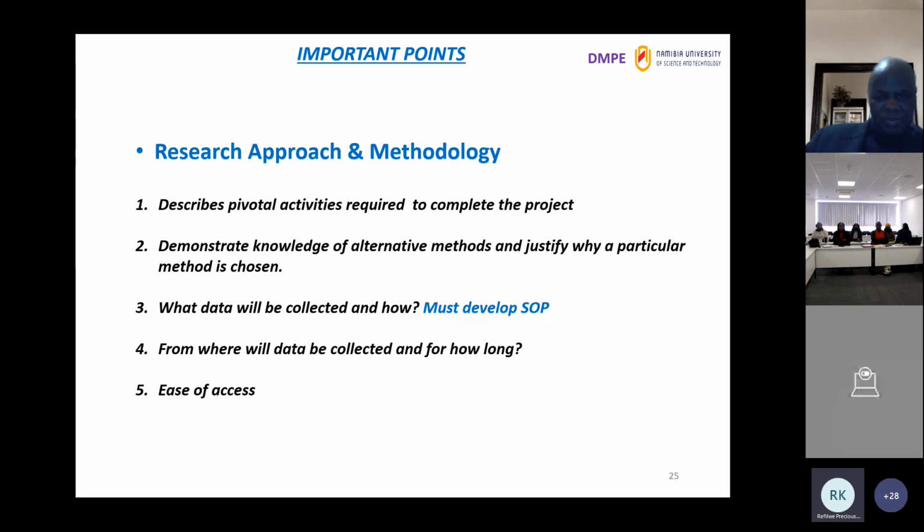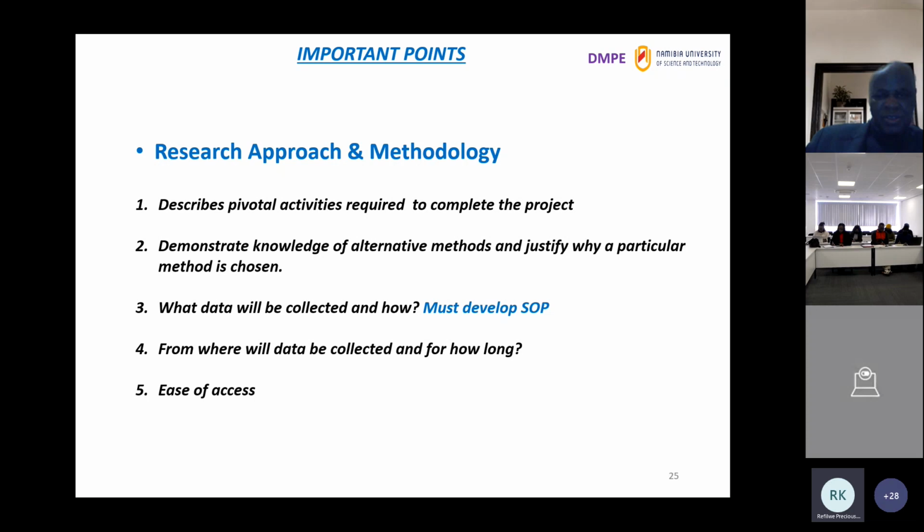And I have to say this before I forget. When you develop standard operating procedure of collecting information, treating, or performing experiments and analyzing, please make sure you have discussions with your supervisors and get things right and approved.